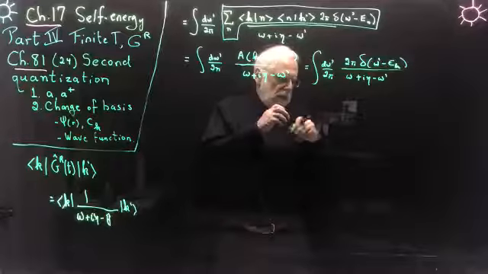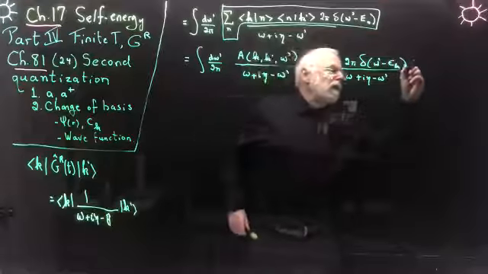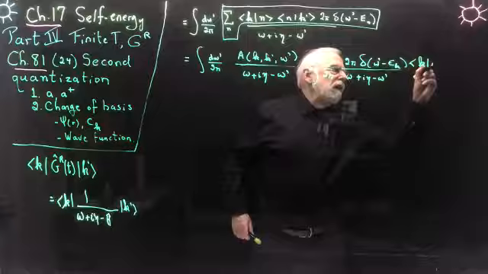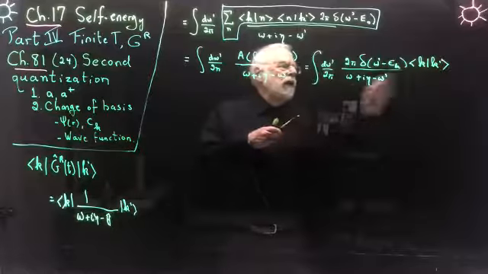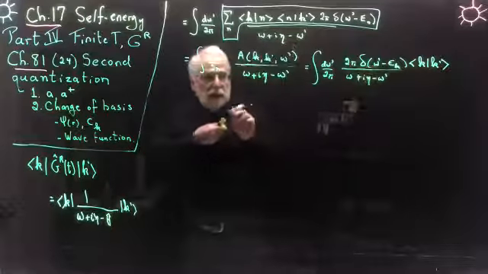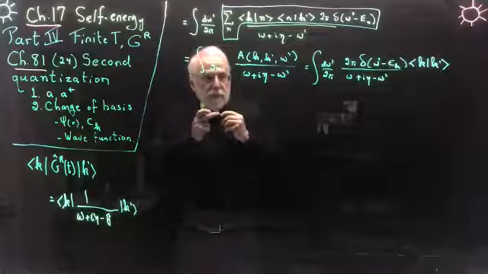And I have a k prime. So you can think of this for now as just delta of k minus k prime.